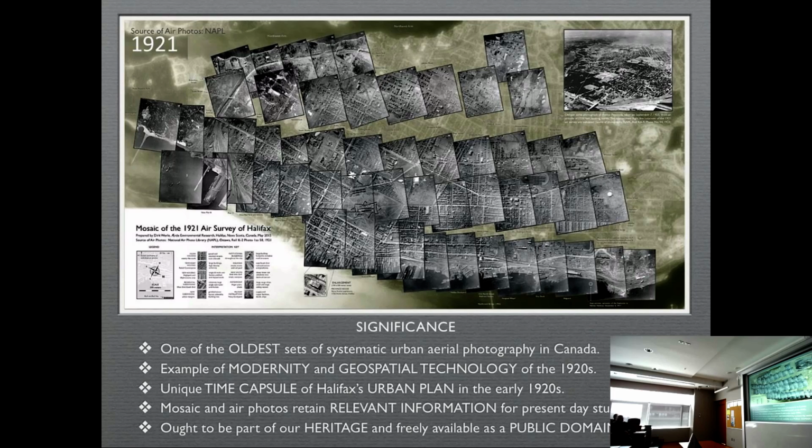We have here one of the oldest sets of systematic urban aerial photography in Canada. It's an example of modernity and the geospatial technology as it emerged in Canada, stipulated by the Canada Air Board in the 1920s. And as such, it's quite a unique time capsule of the city's urban plan as it existed in the early 1920s.